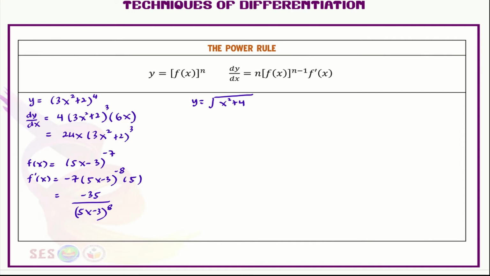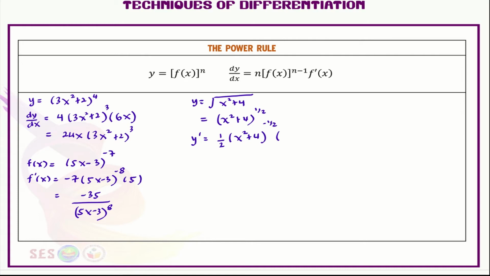Right, so next example, suppose that we have y equals the square root of x squared plus 4. We know that square root is actually equal to the power of 1 over 2. So our y prime or dy/dx, we bring down the power, write down whatever is inside the bracket, and the power will be minus 1, which gives us negative 1 over 2, times the differentiation of whatever is inside the bracket.